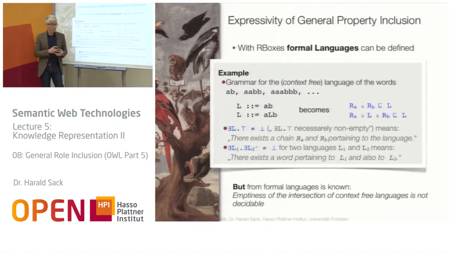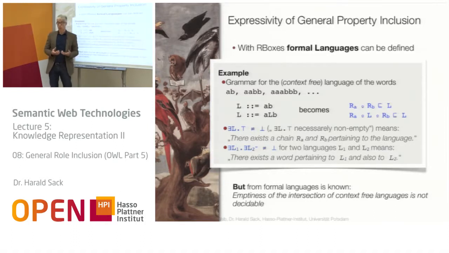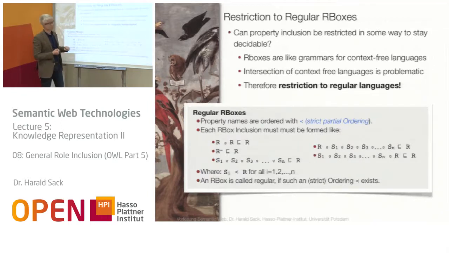So we have to think about what restrictions we have to put on these expressions from description logic to maintain regularity of the induced grammar that defines a language. Okay. So, with a general property inclusion, this problem is undecidable. Therefore, we now restrict to so-called regular RBoxes.